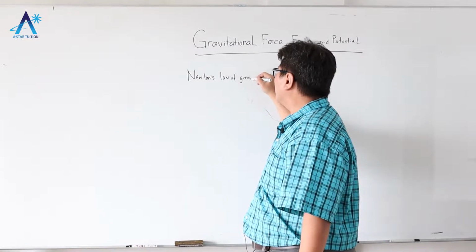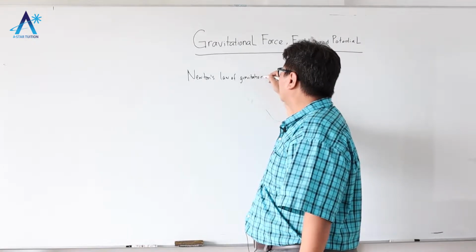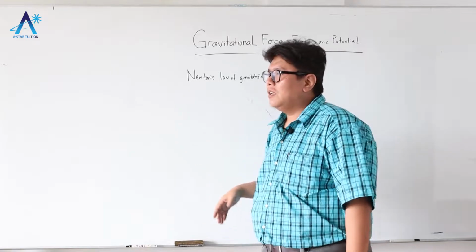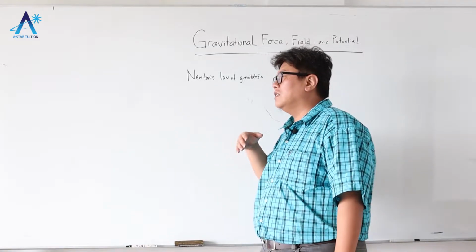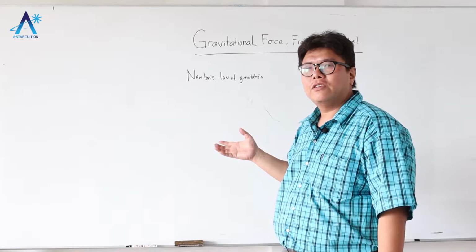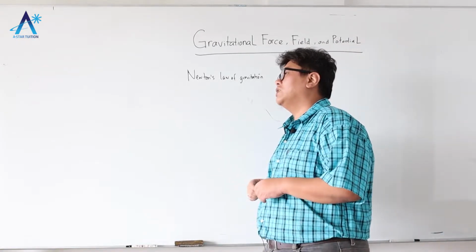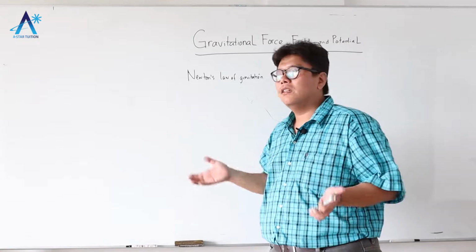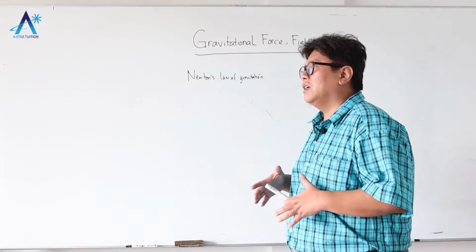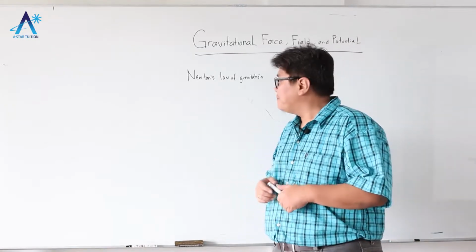Now, this law was discovered by Newton in the 1600s. In the early 20th century, Einstein actually came up with a more general theory about gravitation that explained gravity with more insight.